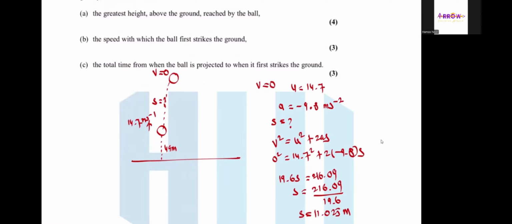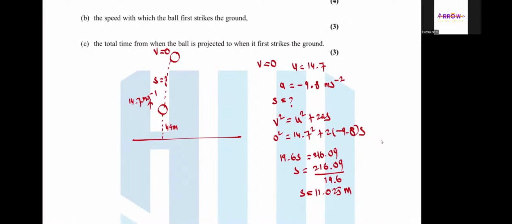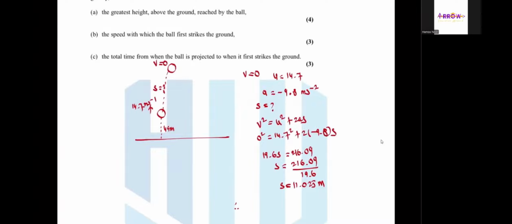So obviously we need to add the initial distance of 49 meter, because the ball was released from a point 49 meter above the ground. So the height above the ground is 49 plus 11.025.